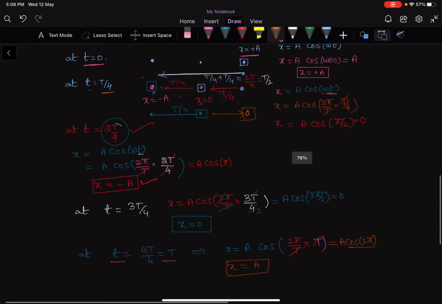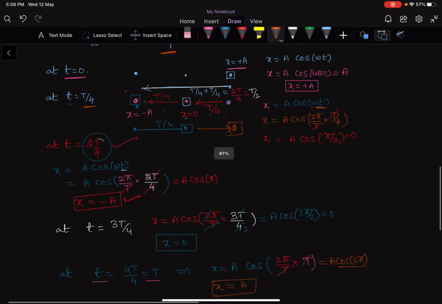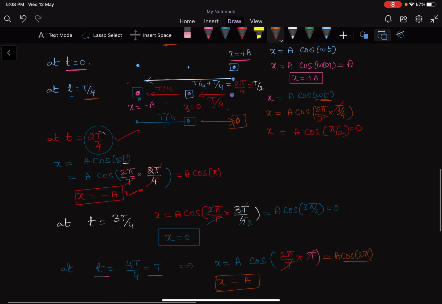So the particle started its journey at t equal to 0, at x equal to plus A. At t equal to T by 4 seconds, it was at x equal to 0. At t equal to 2T by 4, it was at negative extremum.